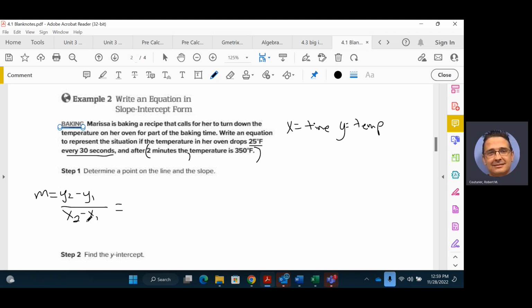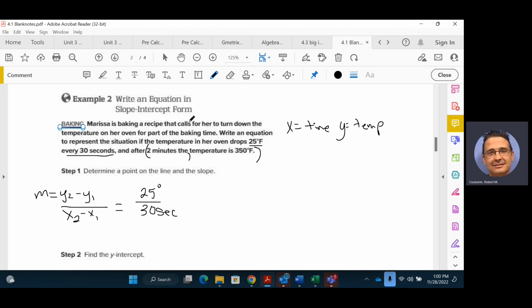Our y's over our x's. Here's our y over your x's, your time. Be very careful on this one because they're trying to trick us on this, so we got to be careful. These are seconds. There's our slope.